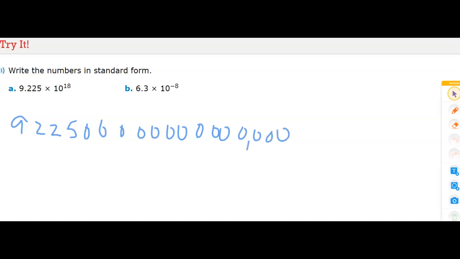Let's see. Let's count, make sure. 1, 2, 3, 4, 5, 6, 7, 8, 9, 10, 11, 12, 13, 14, 15, 16, 17, 18.